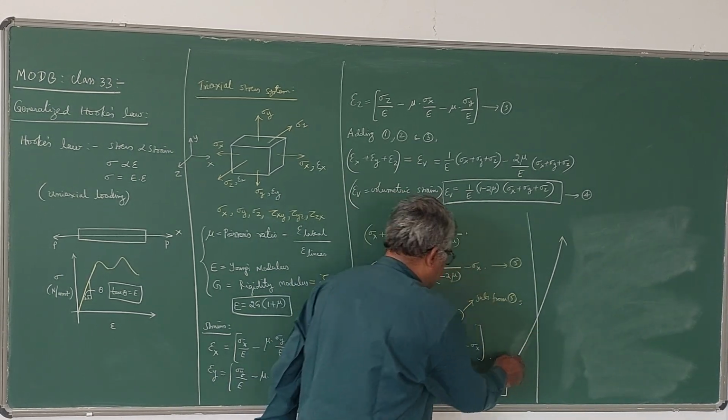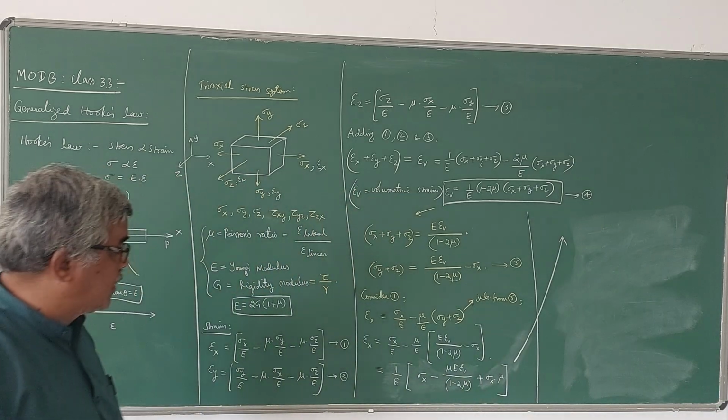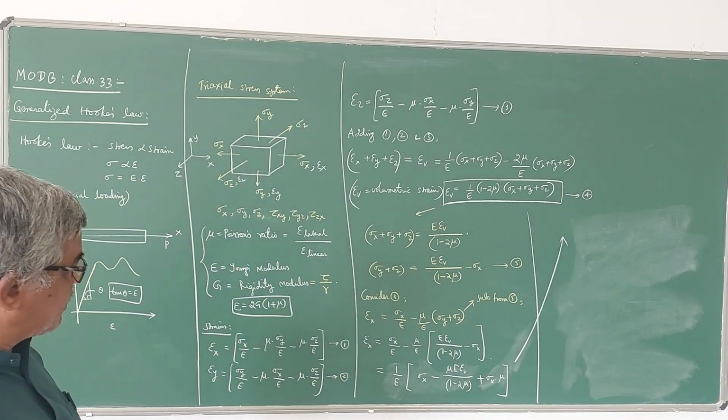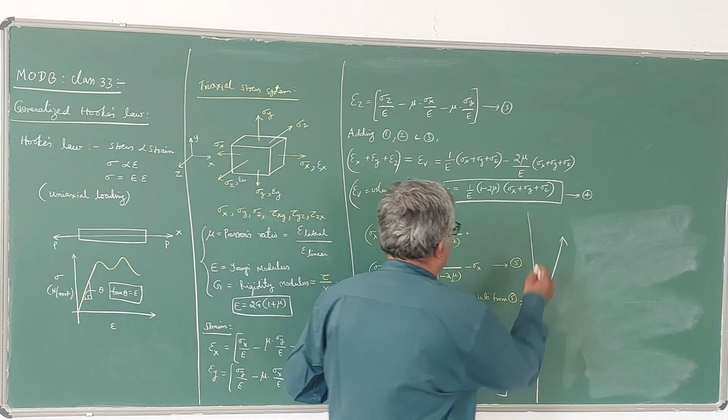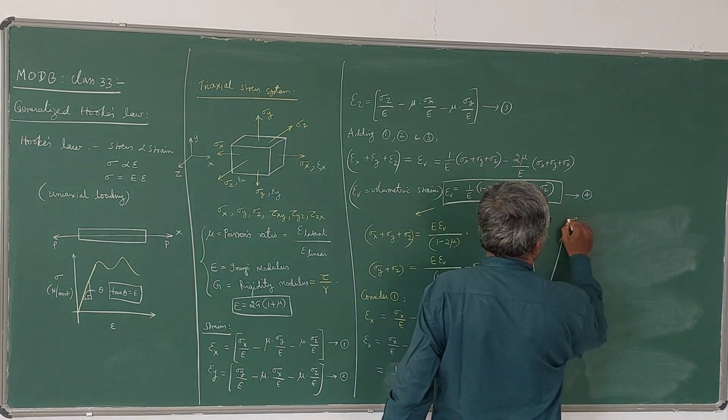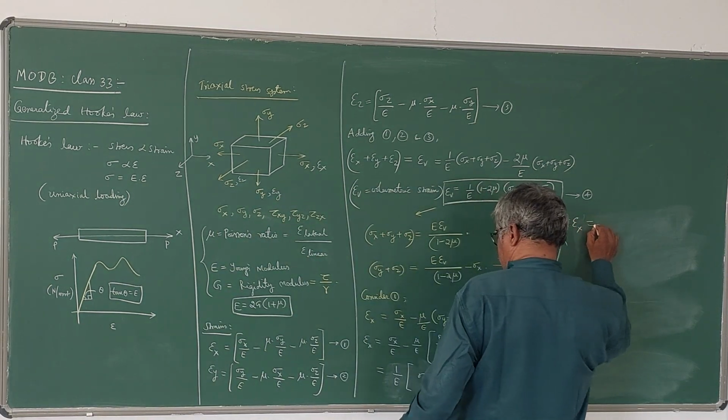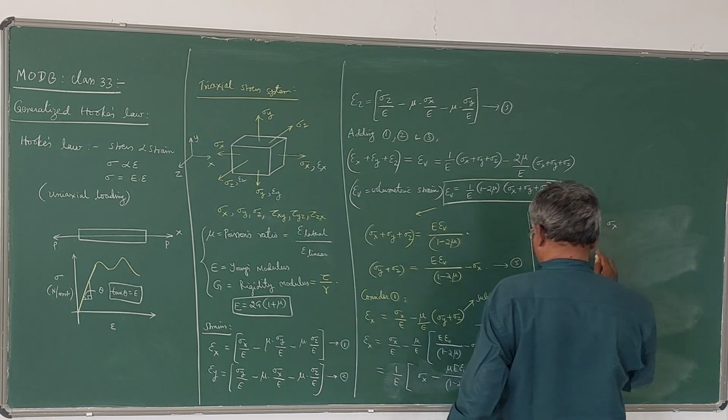What I want here is to take sigma x separately. So E into epsilon x will be equal to sigma x.